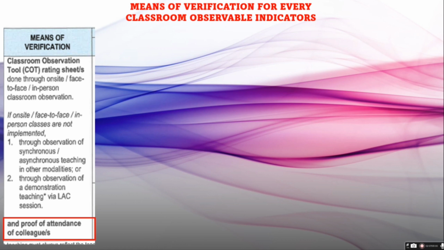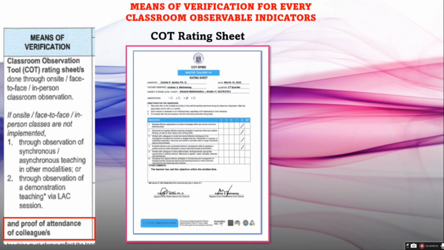Ibig sabihin po, pag tayo ay nagpa-classroom observation, we have to make sure that aside from the principal or the school head, which is our rater or observer, kailangan meron din po tayong colleagues na nag-o-observe although hindi nila tayo i-rate. Okay? They will be there during our classroom observation para mag-observe. So, for example, this is our attachment. This will be our attachment sa ating RPMS portfolio.